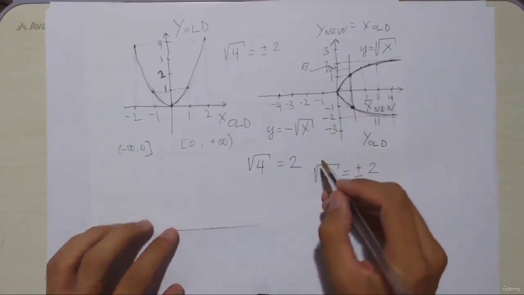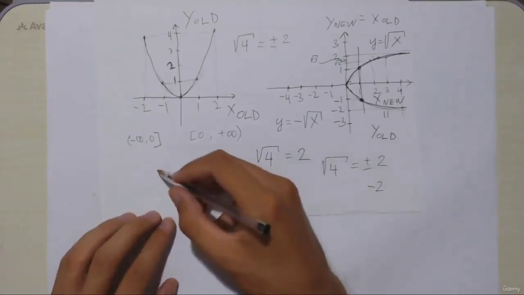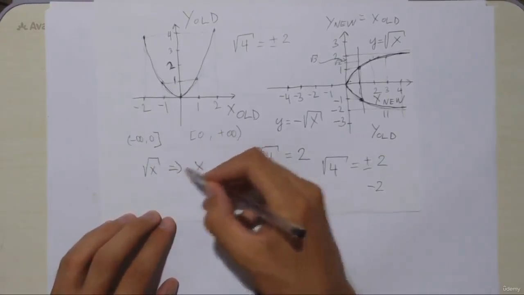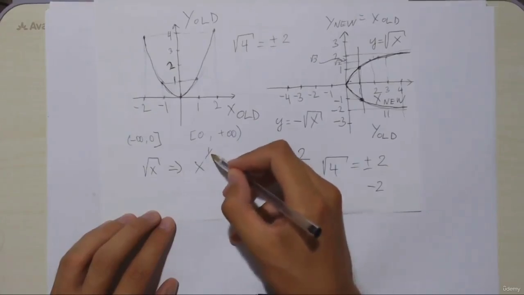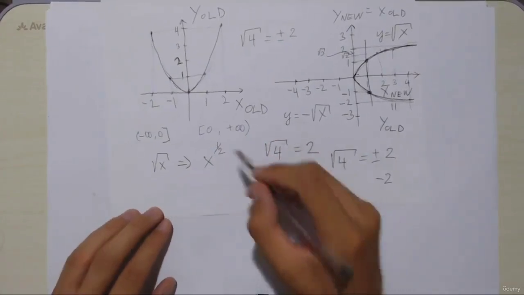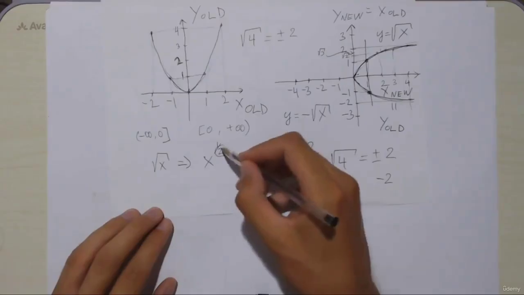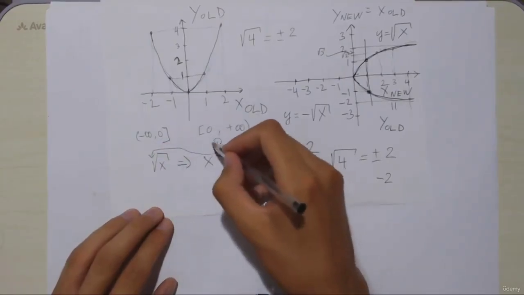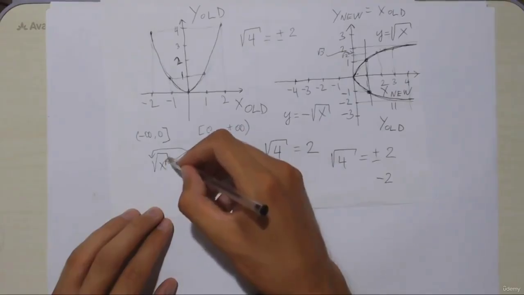And by the way, remember that square root of x is the same as x to the power of 1/2. Remember? So 2 goes here, and 1 is the exponent of x.